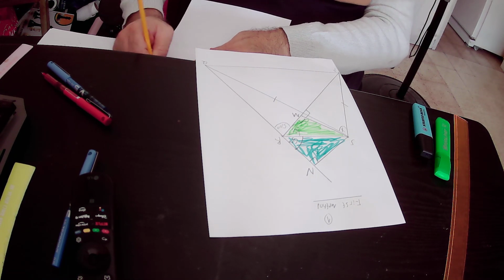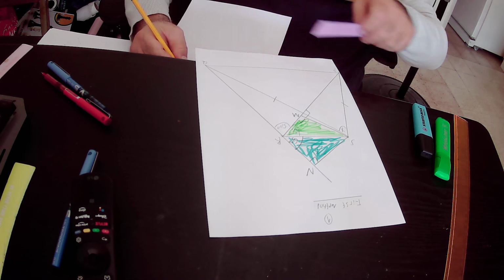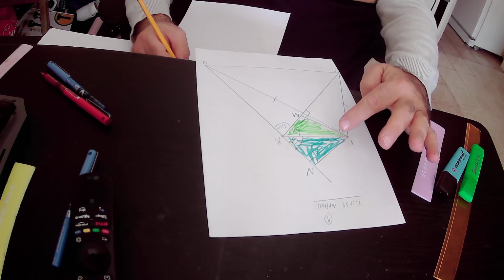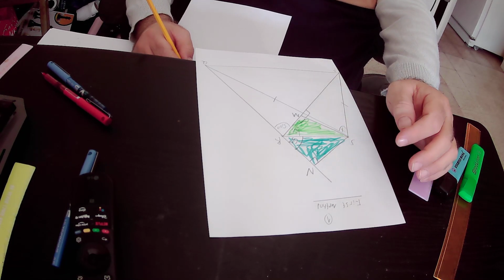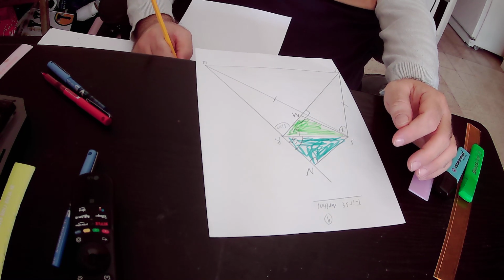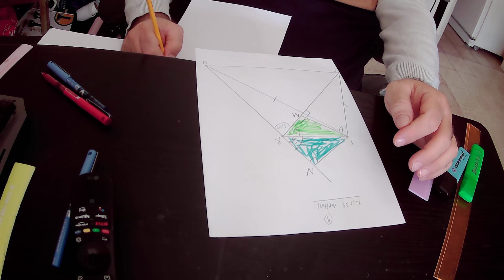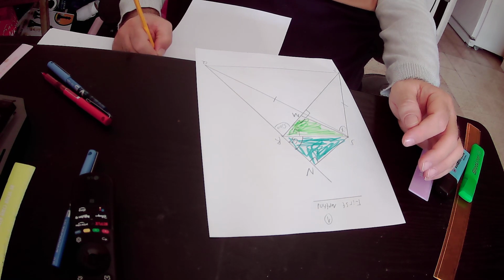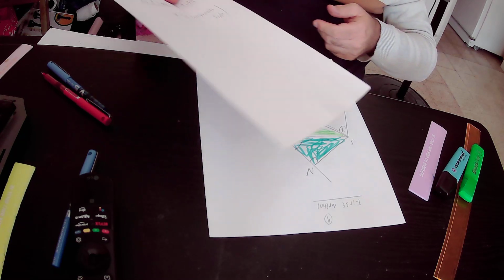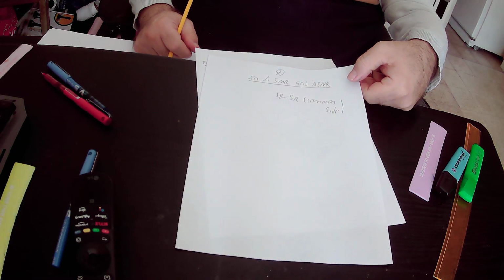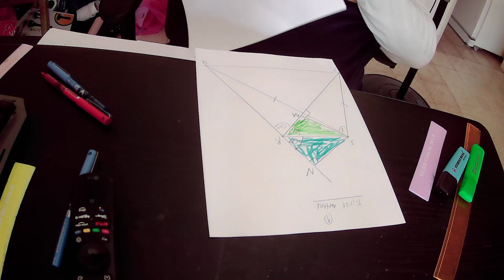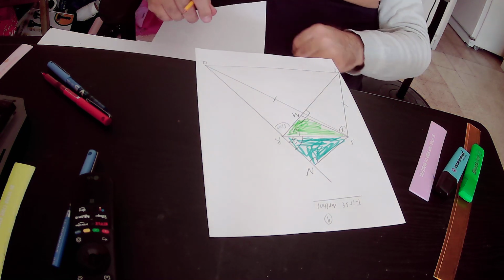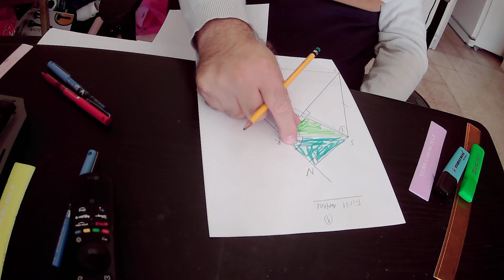Okay, so here we have side SR, that is a common side, it belongs to both triangles. So side SR equals side SR. We also know that those two angles are equal to each other.